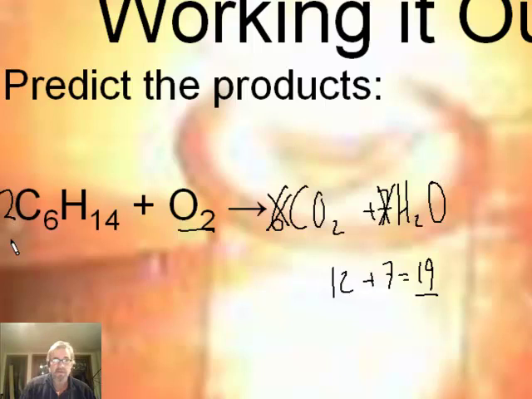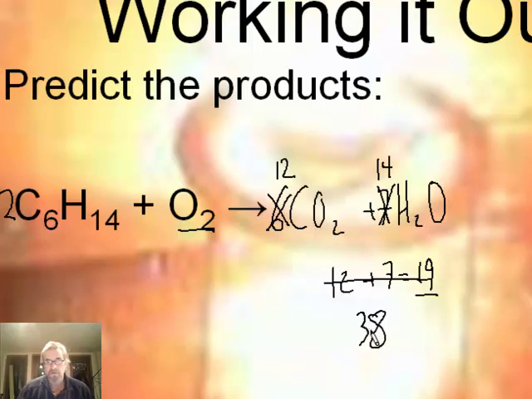Now rebalance. 2 times 6 is 12, so I'll put a 12 in front of carbon dioxide. 2 times 14, well, I'll put a 14 in front of the water, so I have 14 times 2, and now my hydrogen is taken care of. Now, when I redo my oxygen count, I have 12 times 2, which is 24. 24 and 14 is 38. Half of 38 is 19, so I'll put a 19 in front of oxygen, and that will finish balancing this.